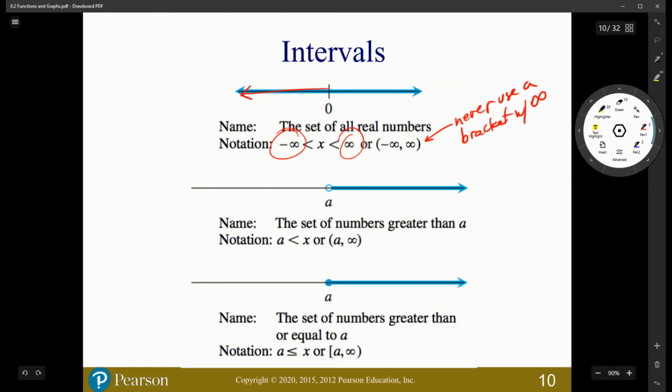All the way to the left is negative infinity. All the way to the right is positive infinity. And we can also begin and end intervals with an open number or closed endpoint, and those will be parentheses around or brackets around.